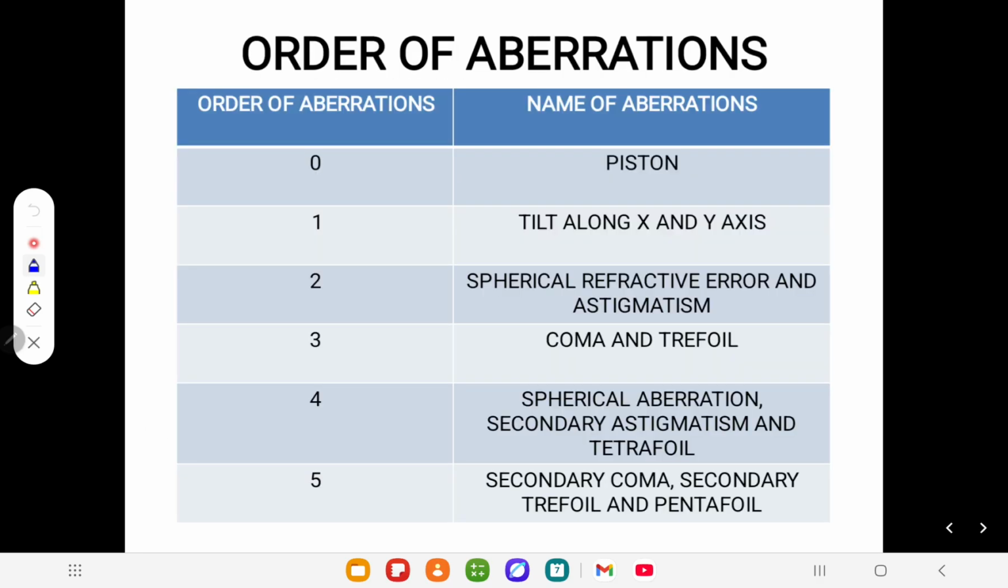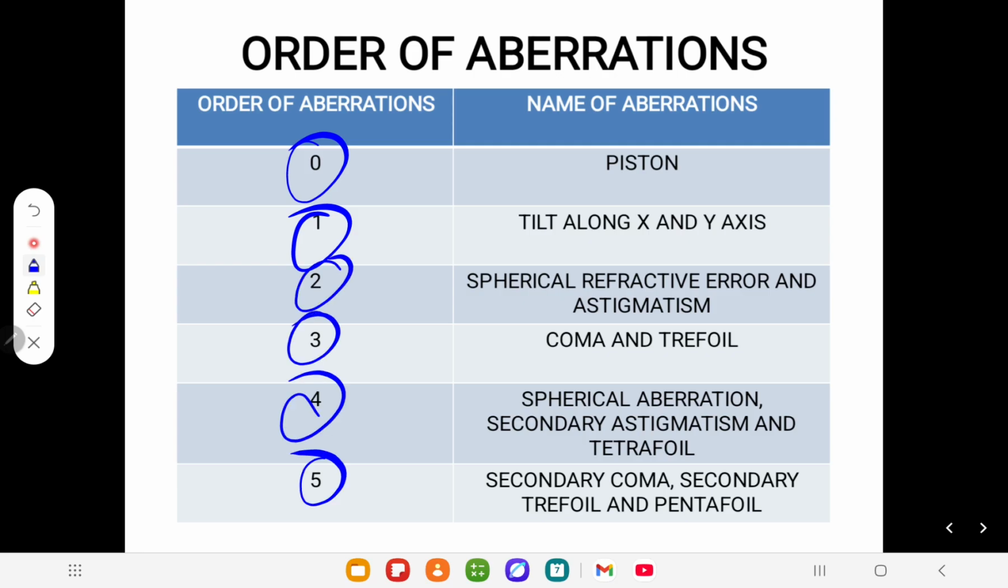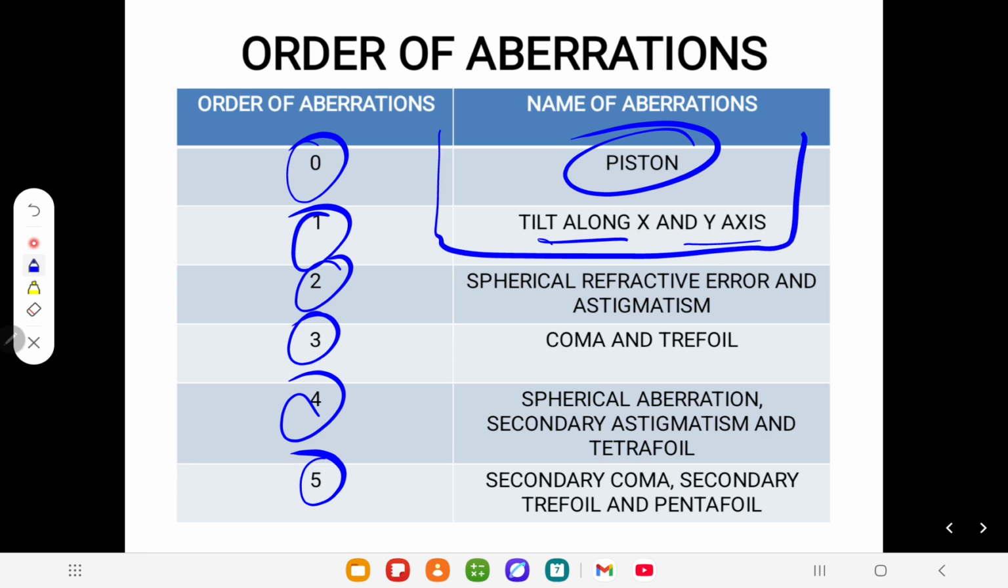See, this is the order: zero order, first order, second order, third order, fourth order, and fifth order, up to infinity. Zero order is piston. First order is tilt in the x or y axis. These two orders we don't consider significant in clinical cases, so as a clinician, you won't see these two orders of aberration.